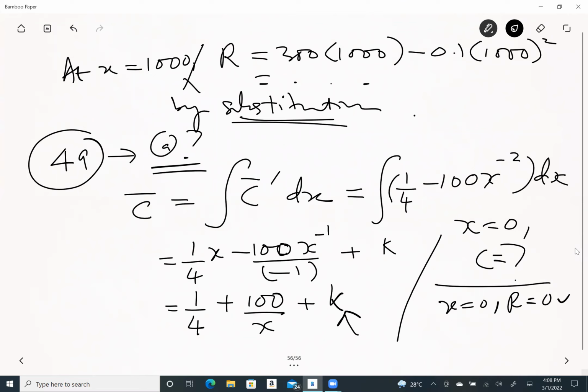But for the cost, it is not. When x equals 0, normally what cost do you incur? If you don't produce anything, what type of cost do we incur? Just give me the name of that cost. Fixed cost. Okay.